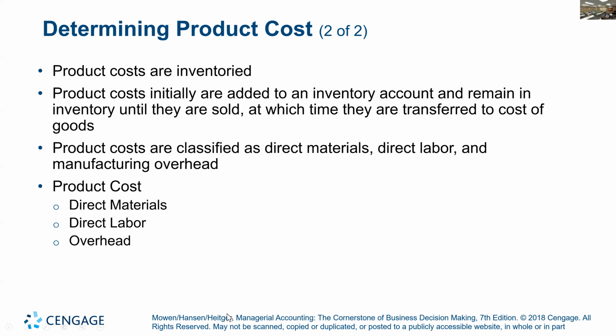Okay, direct materials are just what they say. It is the materials that we can directly trace to the product. Direct labor is the labor that we can directly trace to the product that we're making. Overhead is everything else, okay?